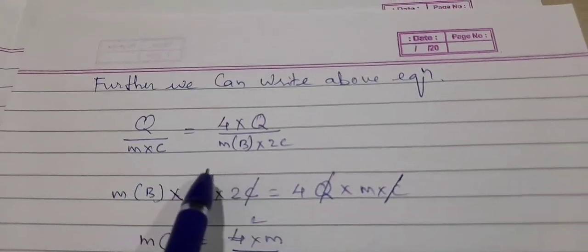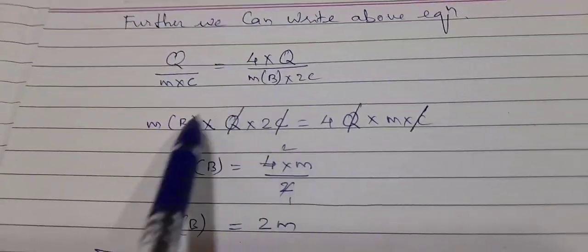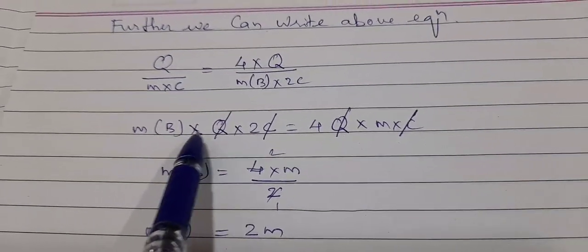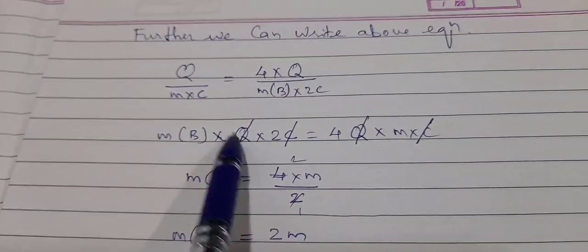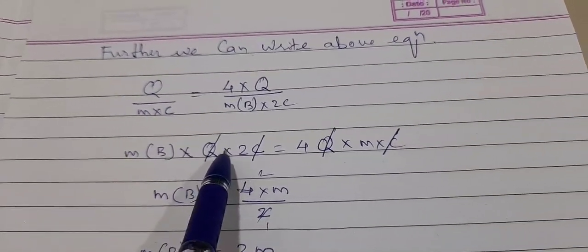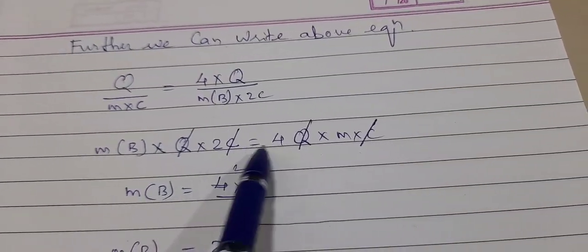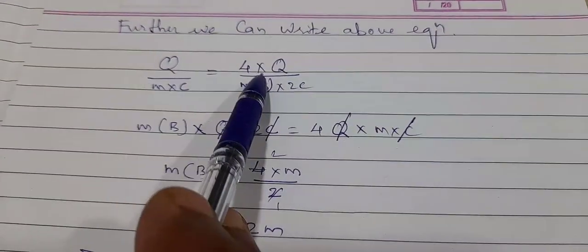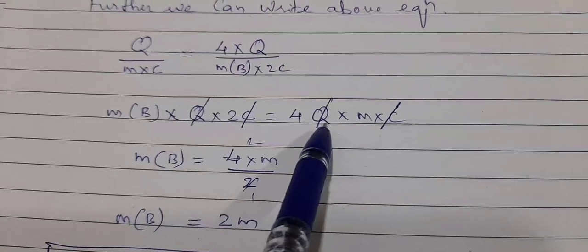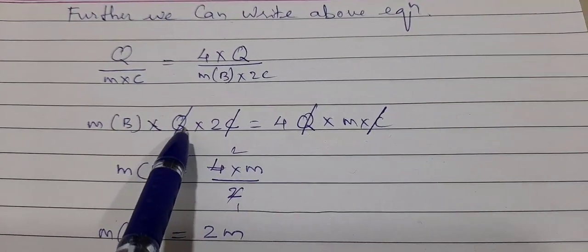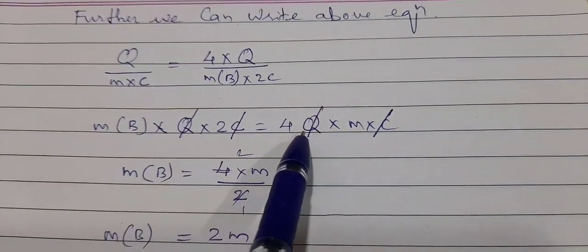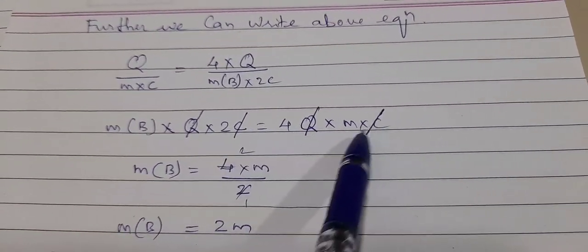Now cross multiply this: mass of B into Q into 2C is equal to 4 into Q into m into C. Now we can cut this Q, then C and C get cut.